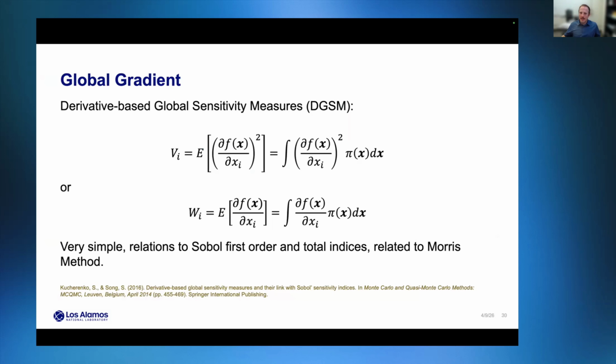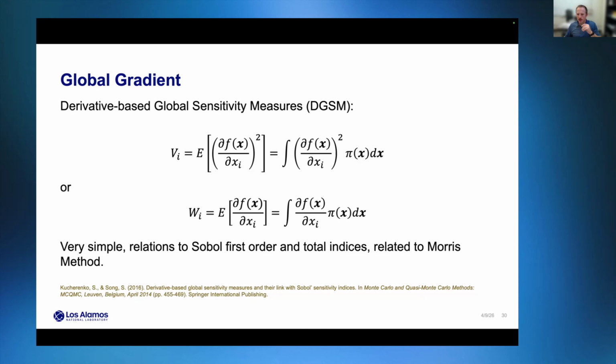So the idea is we take the partial of f of x by xi, square it, and take the expectation. So you could think of this as you go to a bunch of different spots in your input space and get the partial derivative of the function with respect to xi at those places and square them and take the average of those.